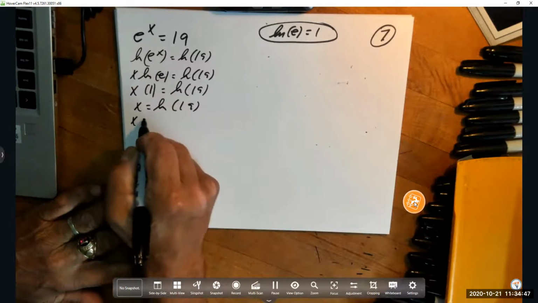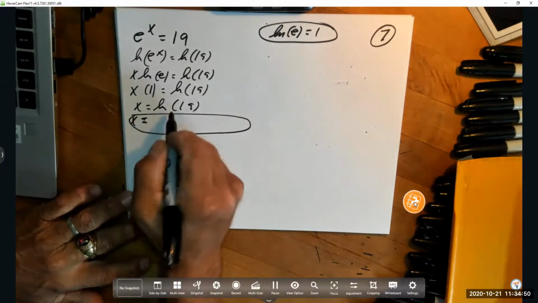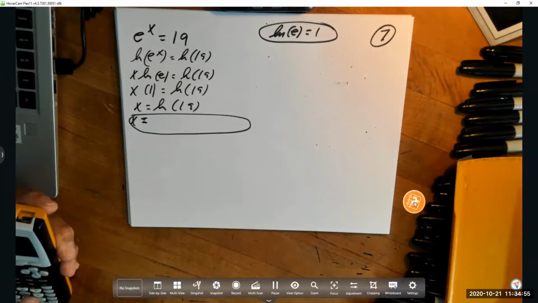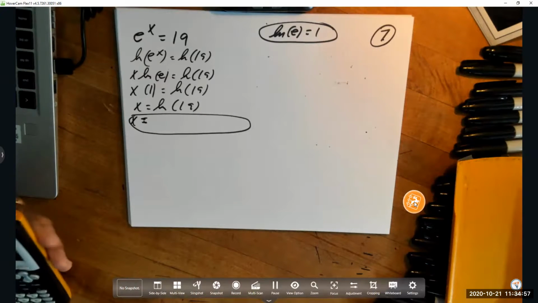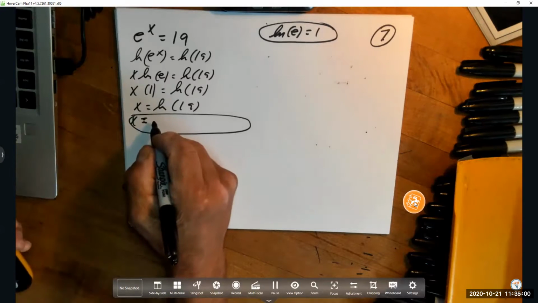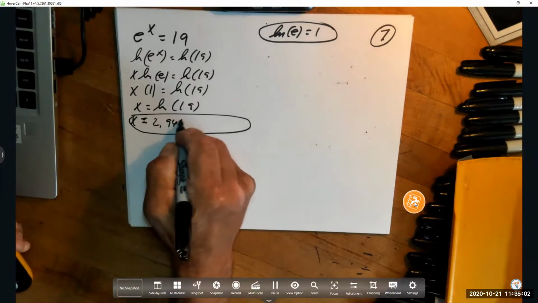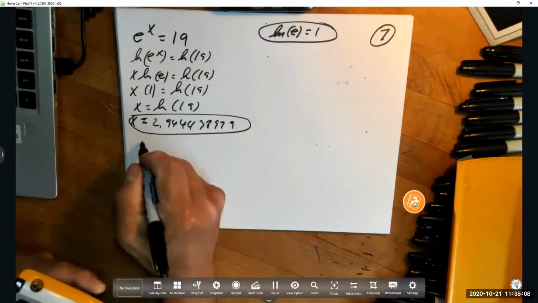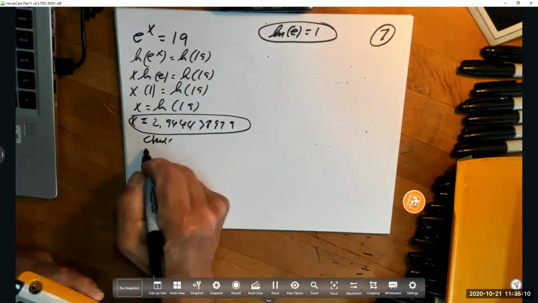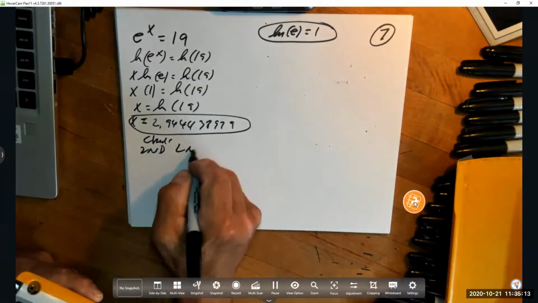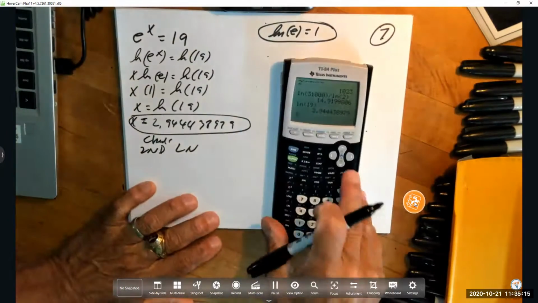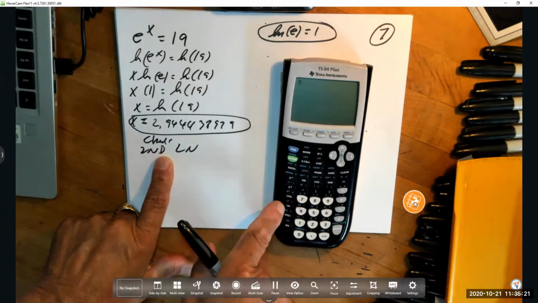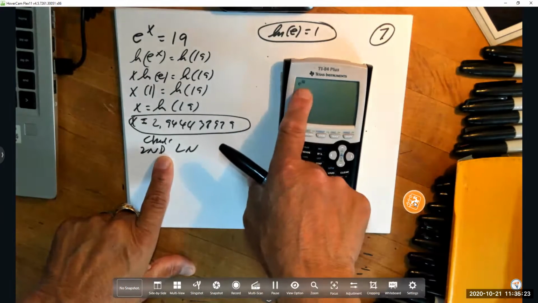So now, calculator this number right here: ln 19 on your calculator. Give me numbers. 2.944438979. Like that? Okay. To check it, you're going to go second ln. Second ln is this one right here. You see the little e thing pop up?